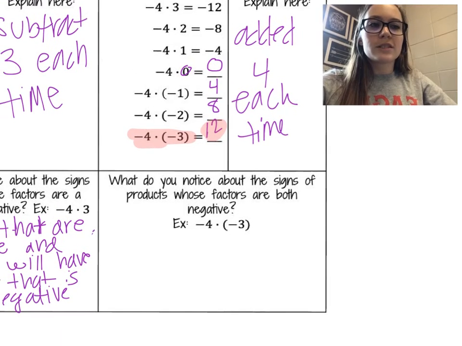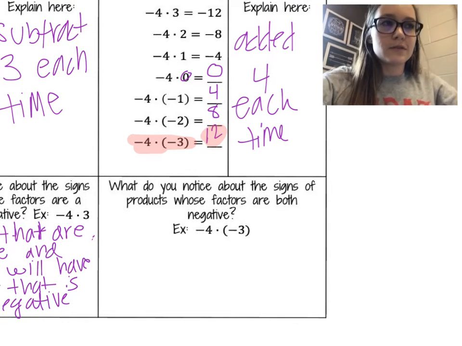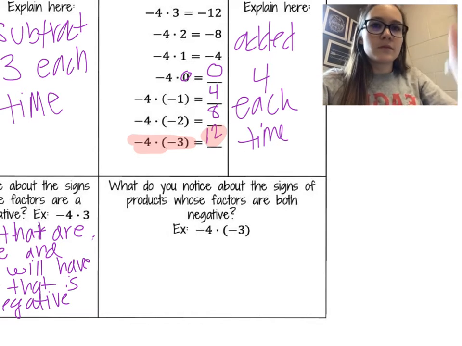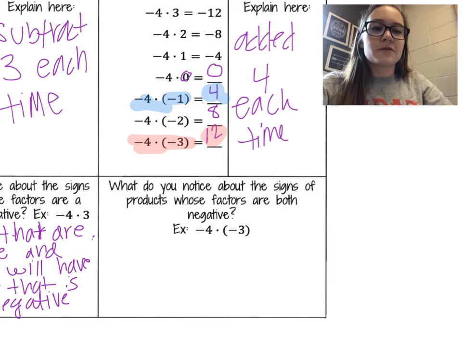So what do you notice about the signs of products whose factors are both negative? So like negative 4 times negative 1 was positive 4. Negative 4 times negative 2 was positive 8. Negative 4 times negative 3 was positive 12.